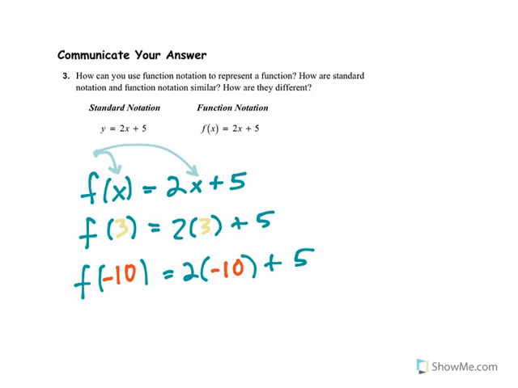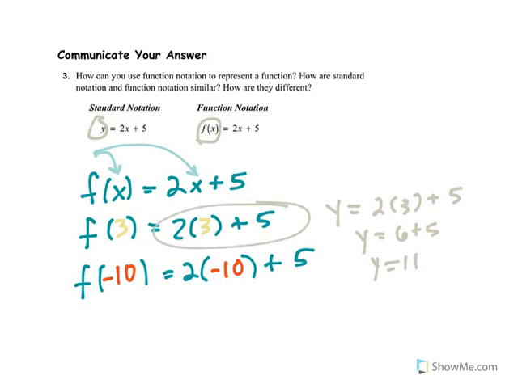Now, how are standard notation and function notation similar? Well, because y and f of x are the same exact thing. So y equals, if we did 2 times 3 plus 5, wouldn't we get the same answer? y equals 6 plus 5, which is 11. And this is also 11. Okay? How are they different?